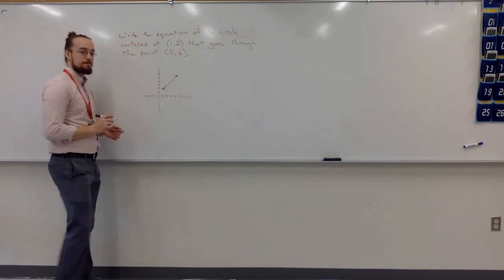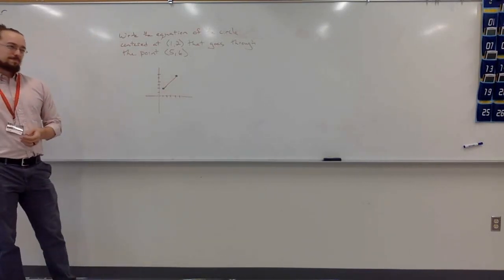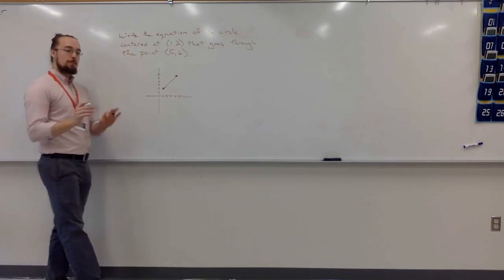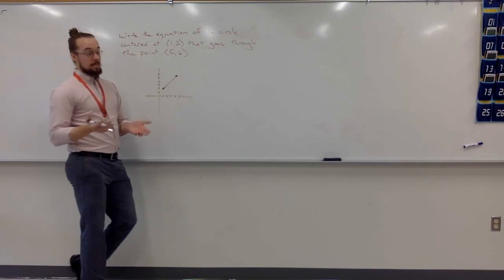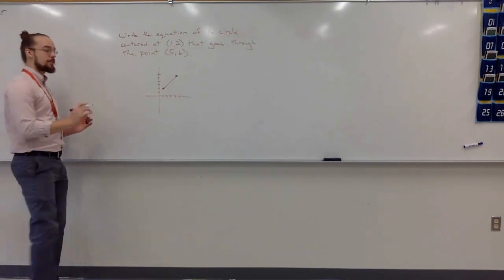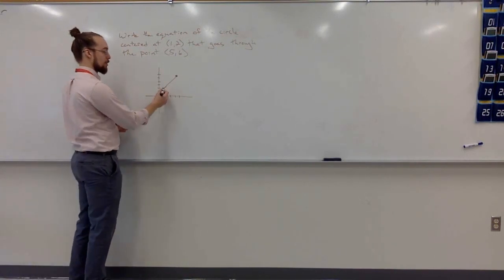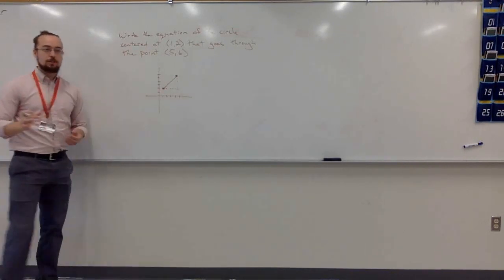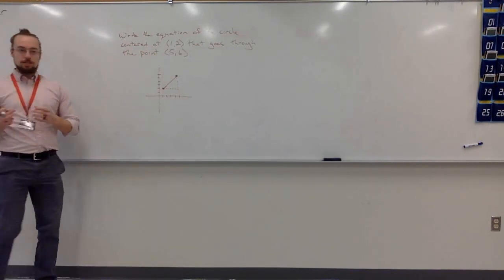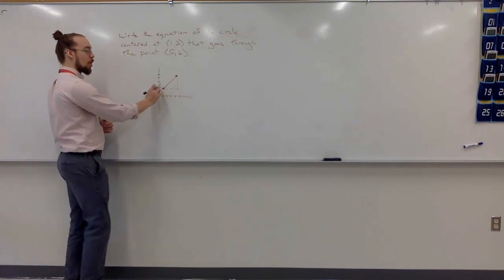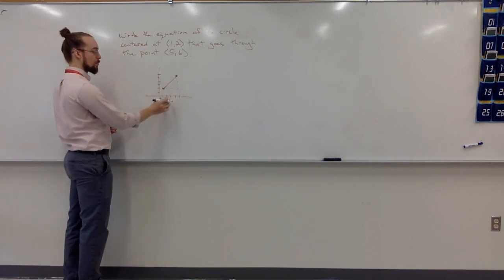We don't need to have the distance formula memorized, right? The distance formula is just the Pythagorean theorem. So all we're doing is finding the hypotenuse of a right triangle.